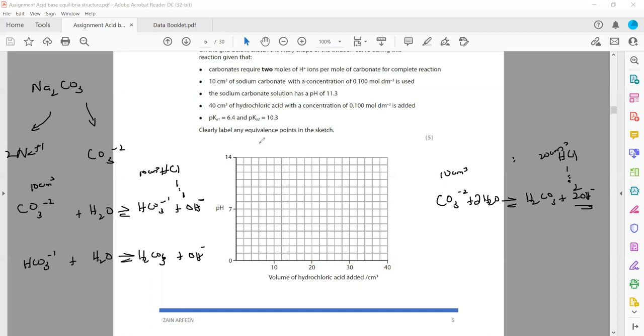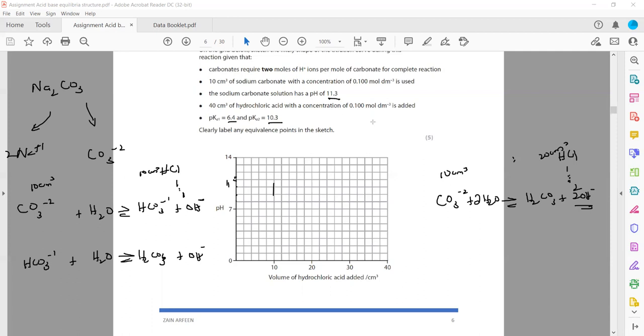So there will be two equivalence points and the curve will start at 11.3. This is 8, 9, 10, 11, so this number is 11 and 11.3 will be somewhere here. It will start at 11.3 and there will be two vertical regions, one around 10.3, because of the pKa. It's a strong acid and a weak base.